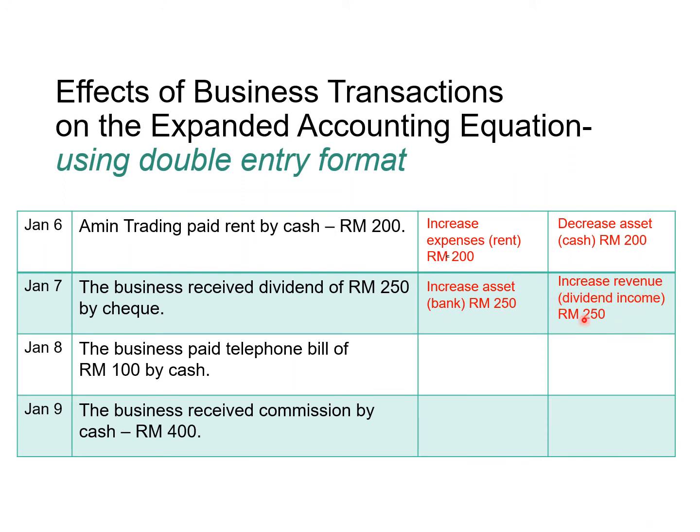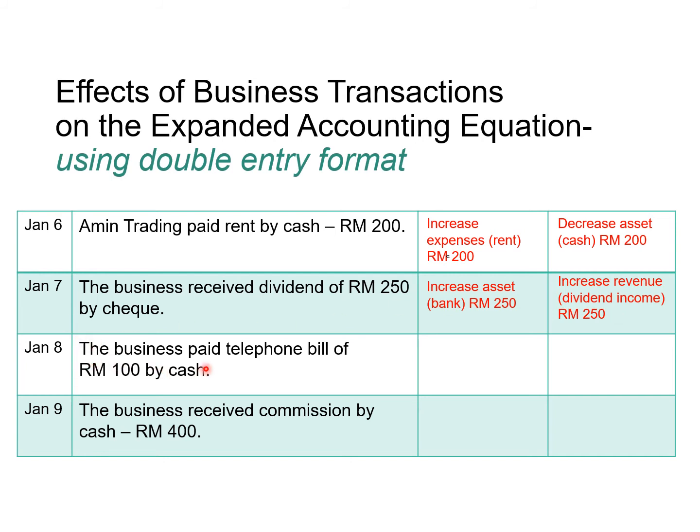So, increase asset, increase revenue, dividend income sebanyak 250. So, what I want you to do adalah cuba visualize macam mana dia punya impact kepada equation. Adakah dia masih balance? It should be balance. Okay, kalau you tak sure, you boleh lakarkan dekat you punya rough paper.